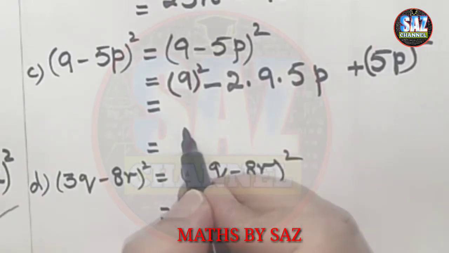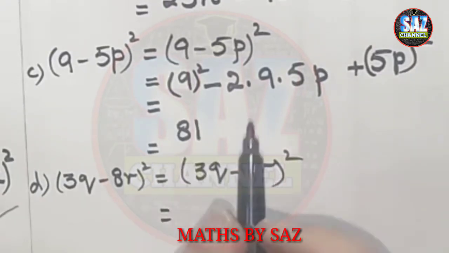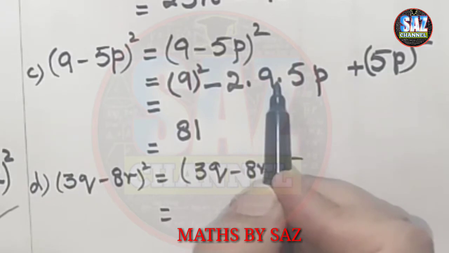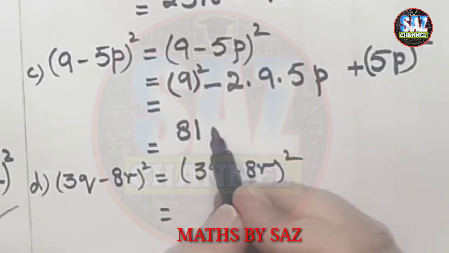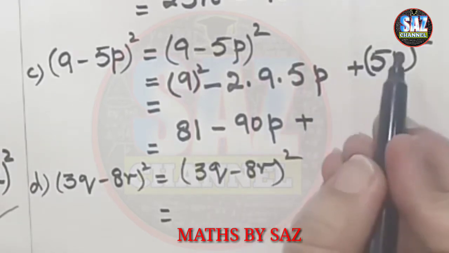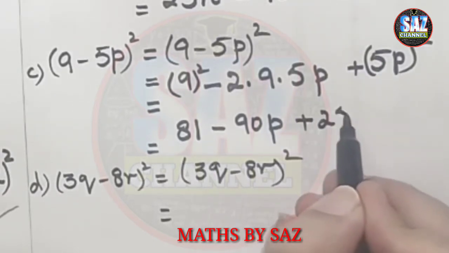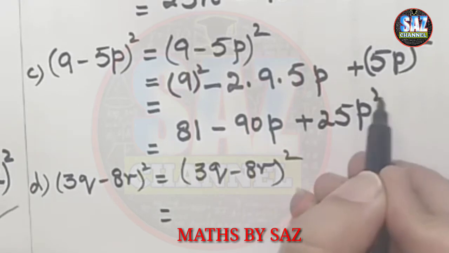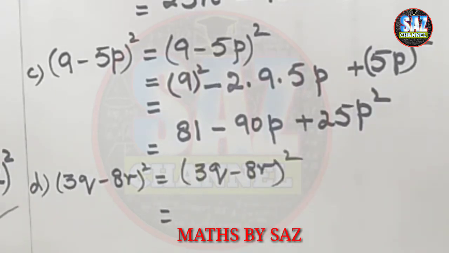And then square of 9 is 81, 9 fives are 45, 2s are 90, minus 90p, and then I have to take the square of 5, this is 25p square. I hope you have understood this question. Let's move to the next question.